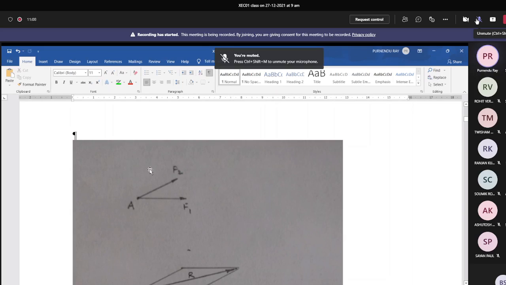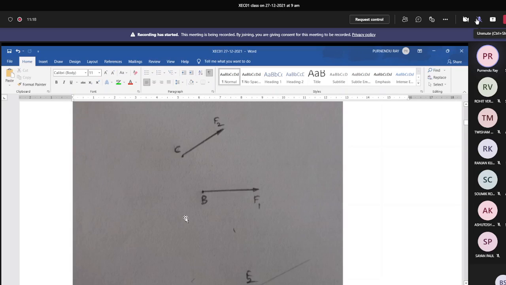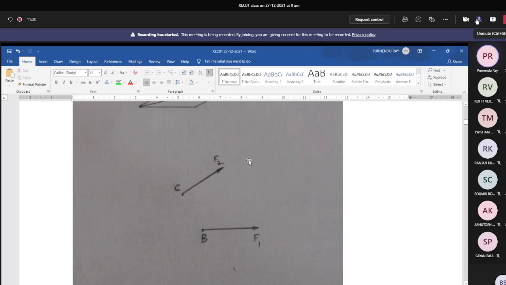Now, one thing, remembering that the point of application of the force can be shifted to any location along its line of action. So if it is F1, we can shift this point of application B to some other location.